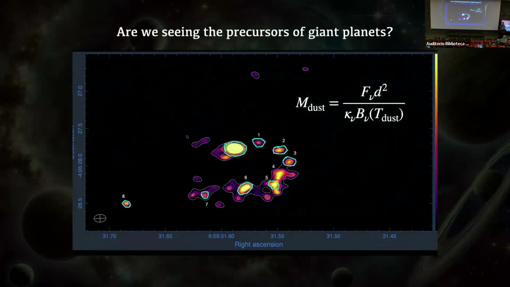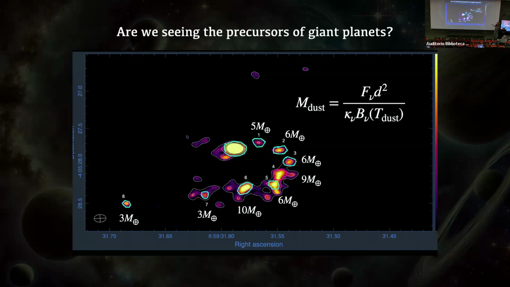Here, if we make some typical assumptions about dust temperature and opacity, we can convert the flux that we receive from these clumps into masses. This is super hand-wavy, because we really don't know what the temperature is here. But we can see that for something like 50 Kelvin, this would translate into several Earth masses.